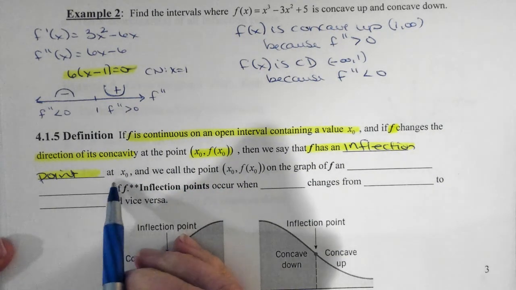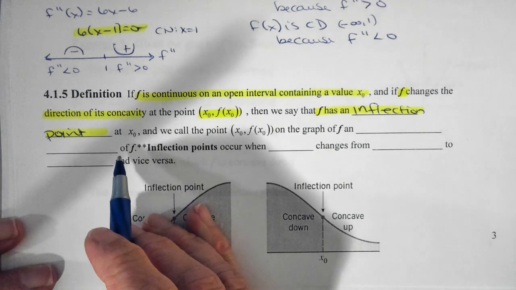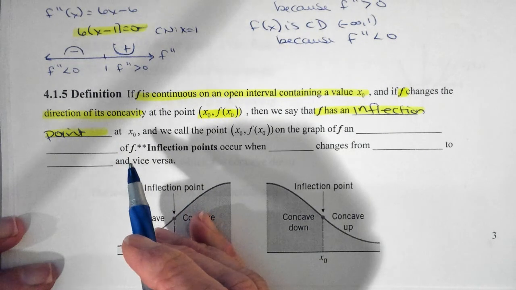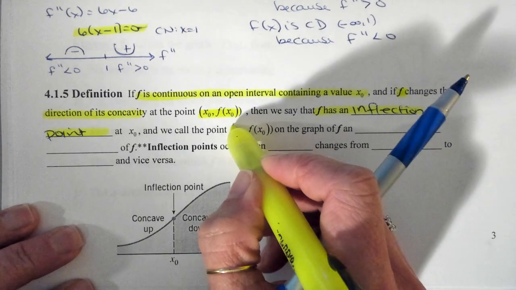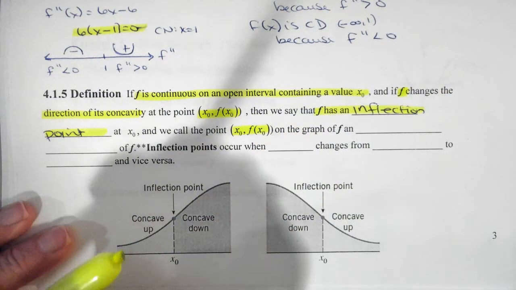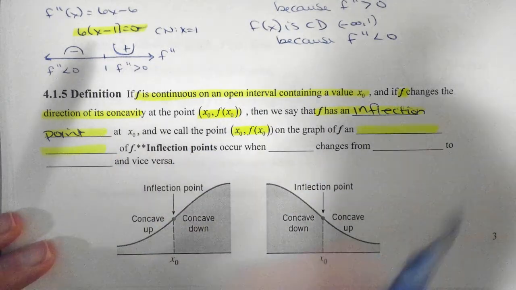Okay, so basically what this means is we're identifying the x-coordinate where the concavity is going to change. Now, we can also state that there is a point, meaning x comma y, which is what this is, and it is an inflection point of f.